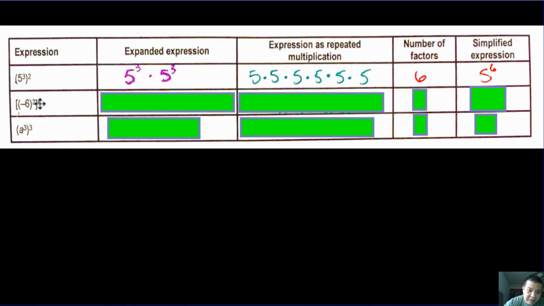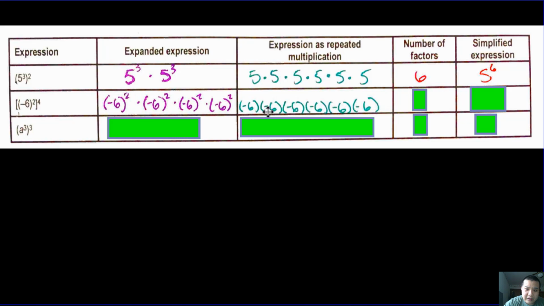Okay. Here, this is negative 6 to the second power to the 4th power. Now, what we have here is negative 6 to the second 4 times. And then we have negative 6 times negative 6 times negative 6 times negative 6 times negative 6 times negative 6, which means we have, ooh, that's not right.